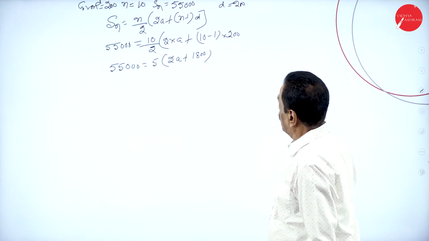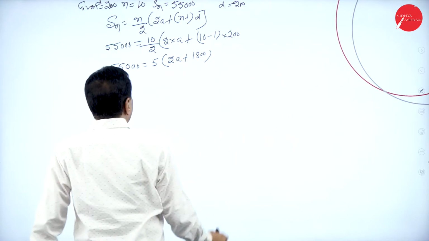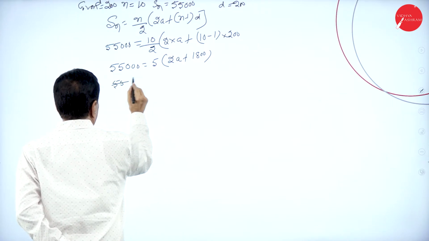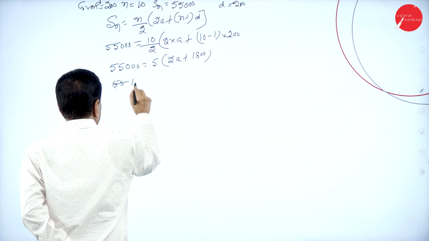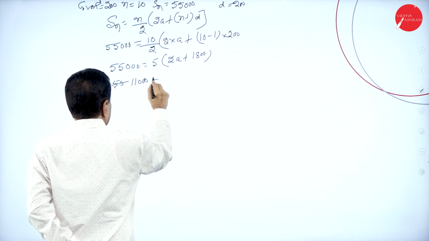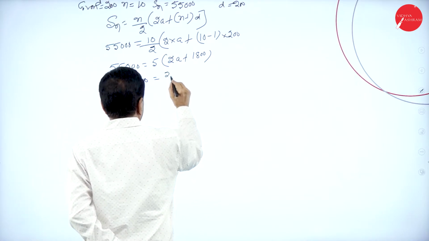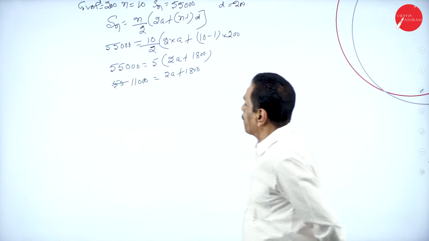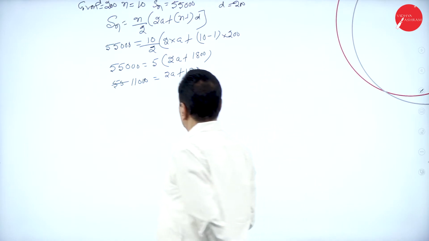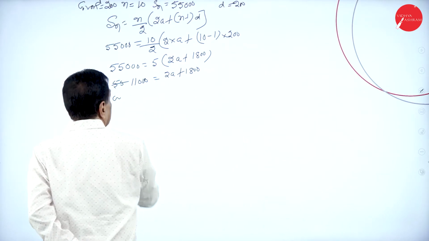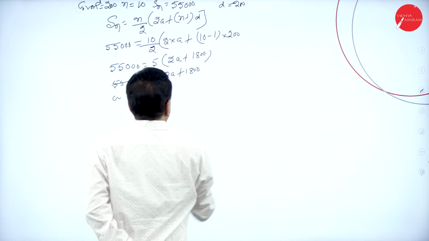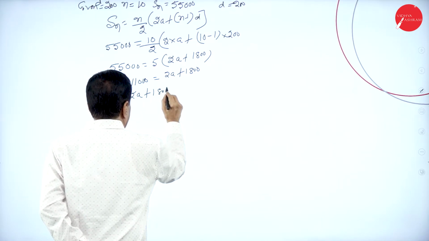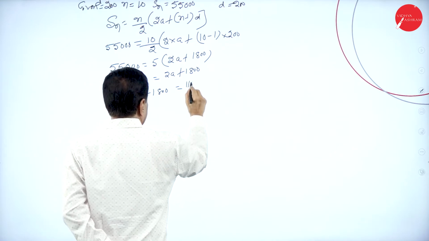So simplify, or you can divide: 5 ones are 5, 11,000 is equal to 2A plus 1,800. You take this amount, or we can write 2A is 1,800 into 11,000.